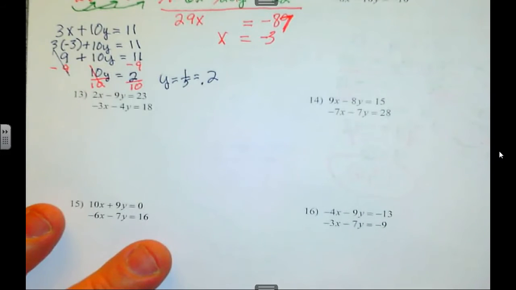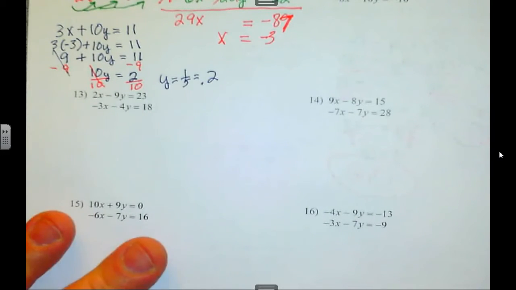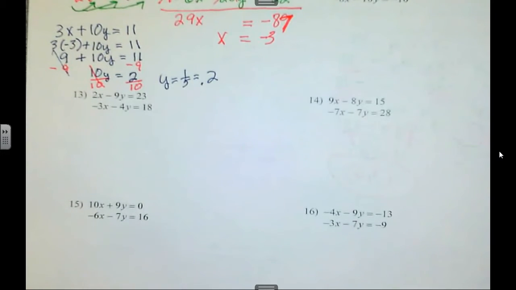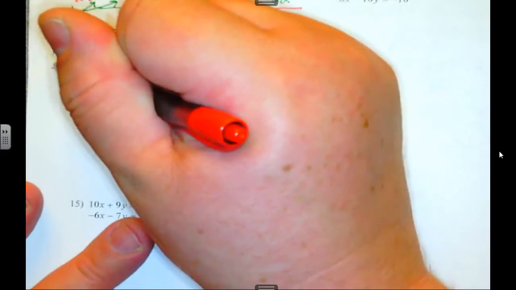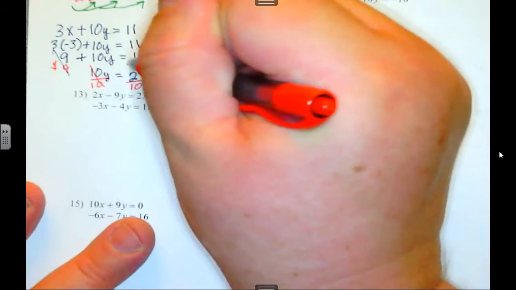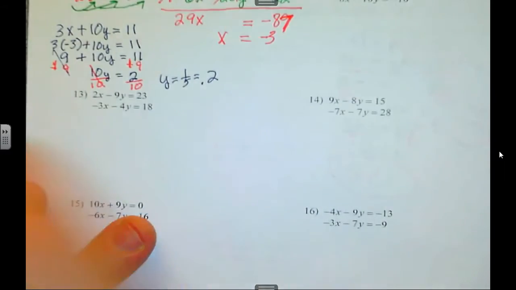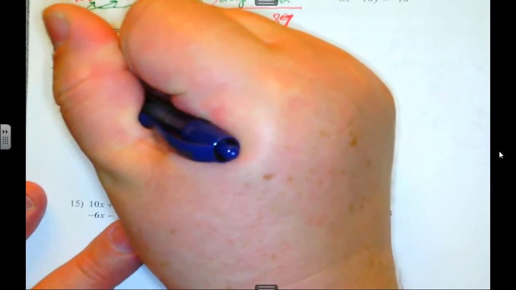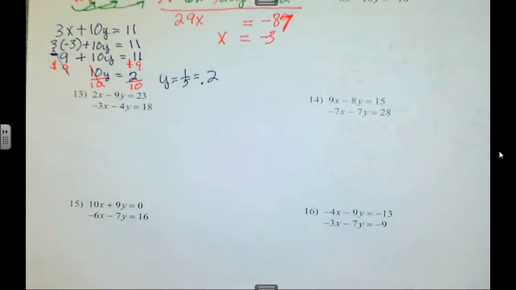Yes, ma'am. Okay, so 3 times negative 3, isn't that negative 9, not positive 9? Yes, it is. Thank you. I was wondering why we were getting a decimal. This should be a plus 9, because this is negative 9. I think I even said negative 9, didn't I? Good job. Thank you.